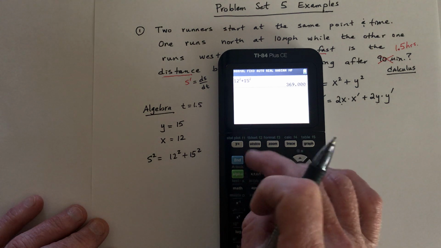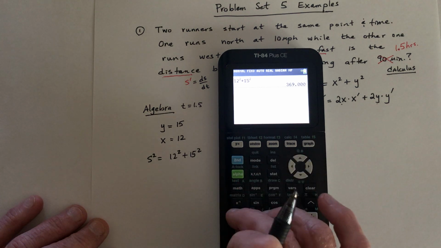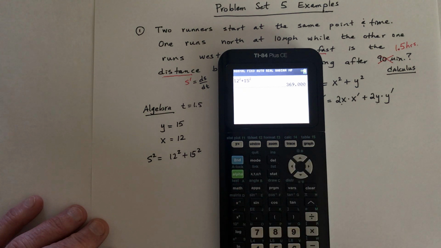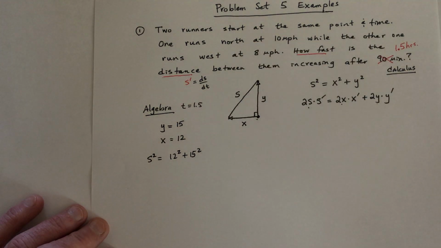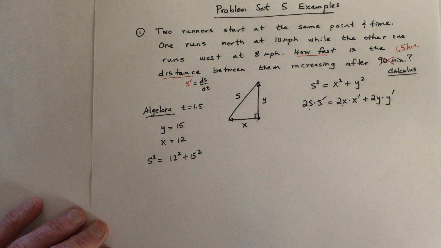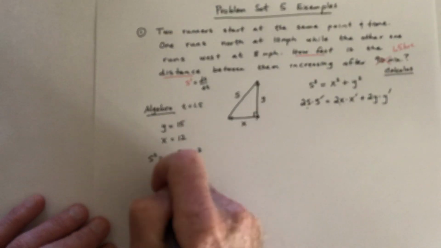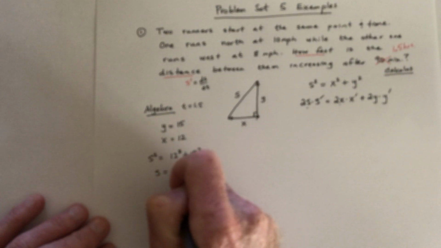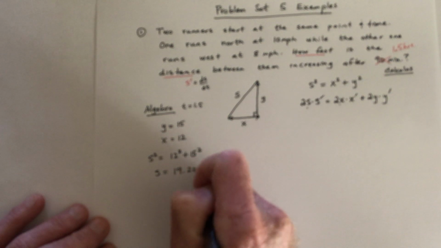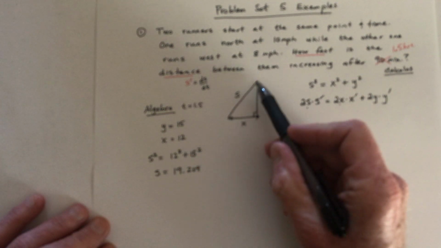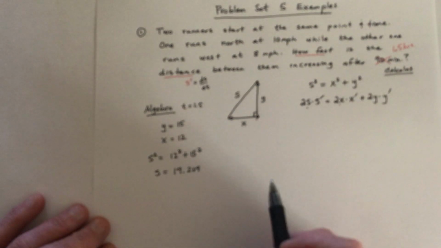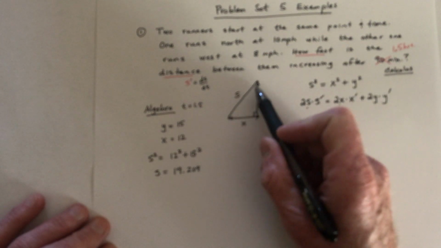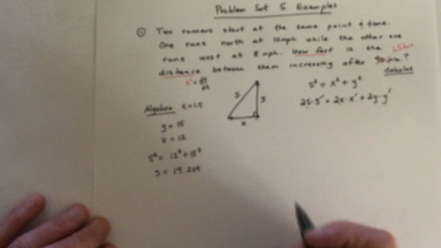And then that's what s squared equals. So I still need to take the square root of 369. And it's 19.209. So s is equal to 19.209. So the distance between them would be 19.209 miles after an hour and a half. But the question is asking how fast is this line or this distance growing?